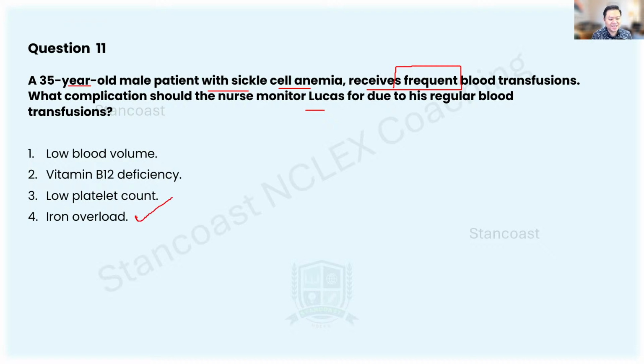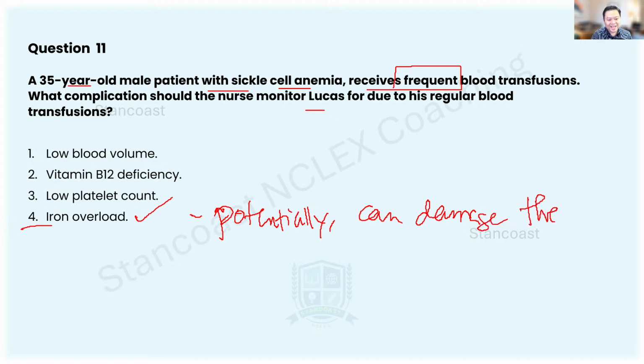This is an easy question. Iron overload. Okay. Again, the body has no other natural means of excreting excess iron. And so this can damage the liver and the heart. Potentially can damage the heart and the liver.